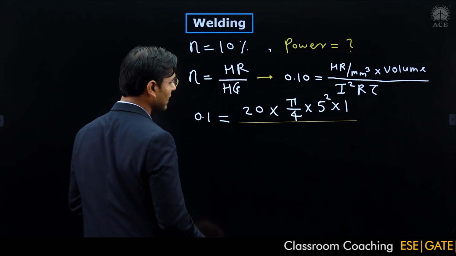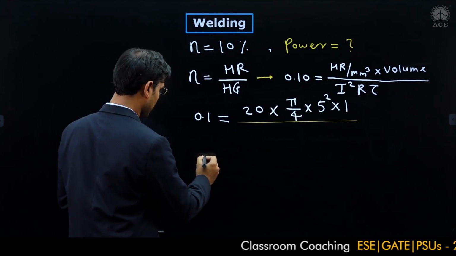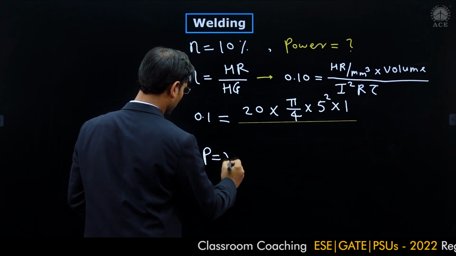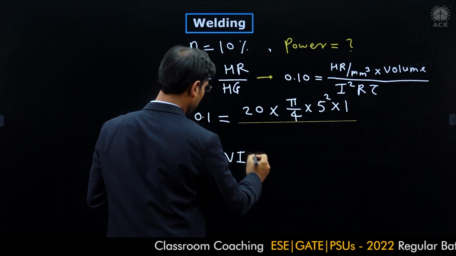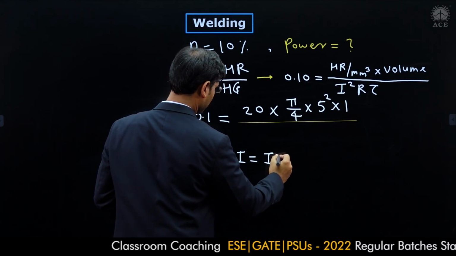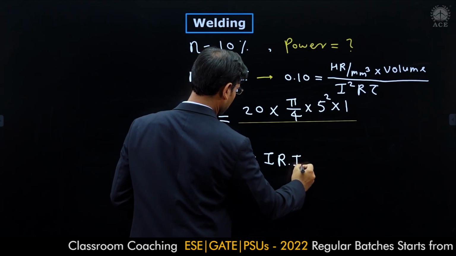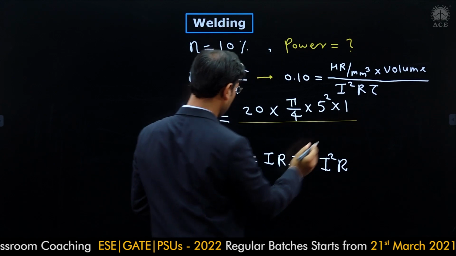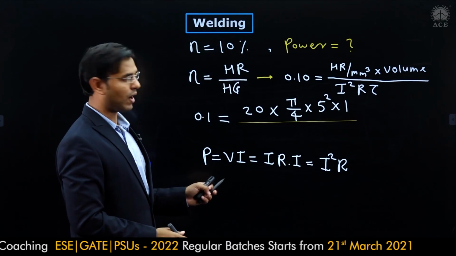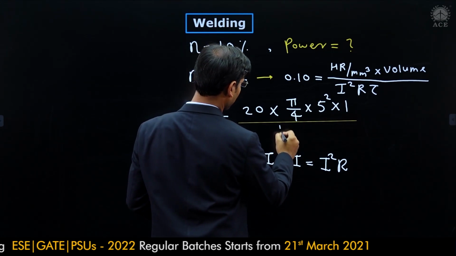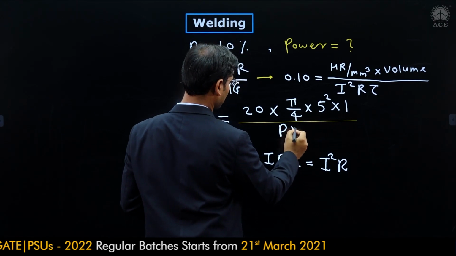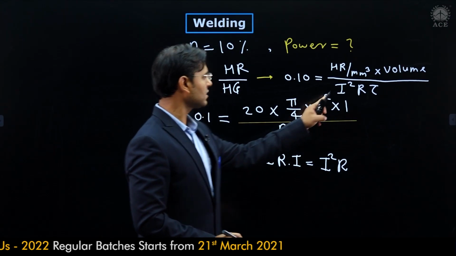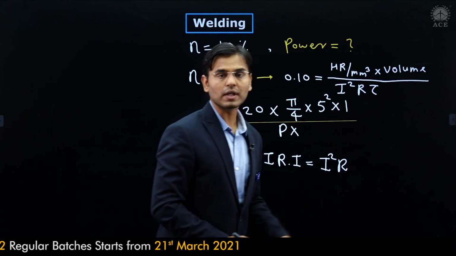But what is that I square R? Power is equal to V into I, and V is equal to IR, so power is I square R. Then I am writing power into time, tau.